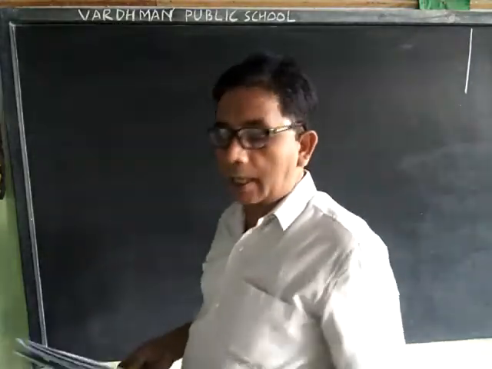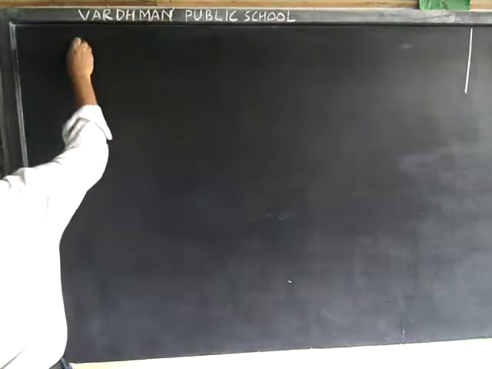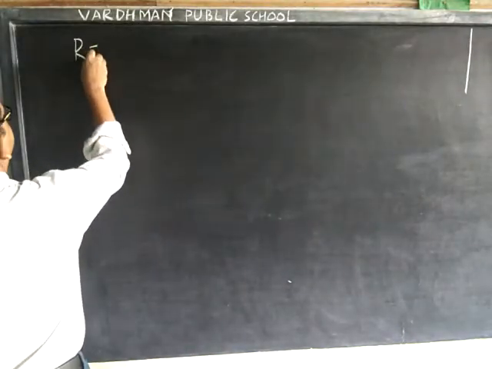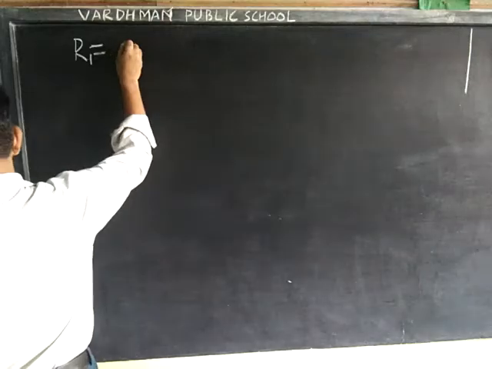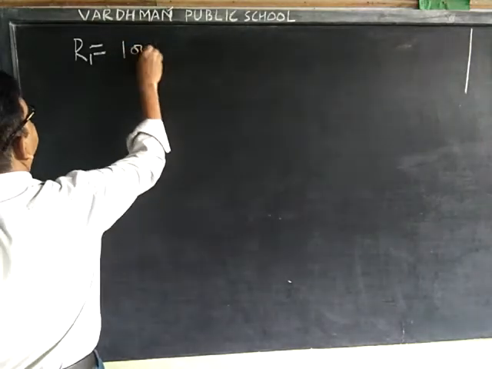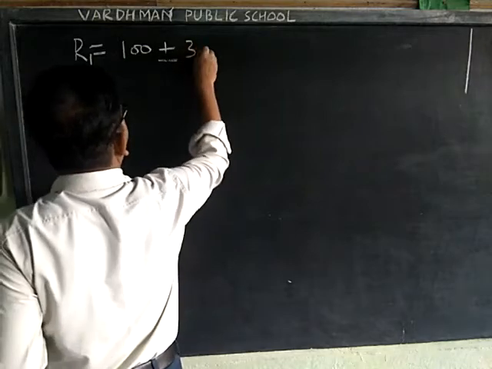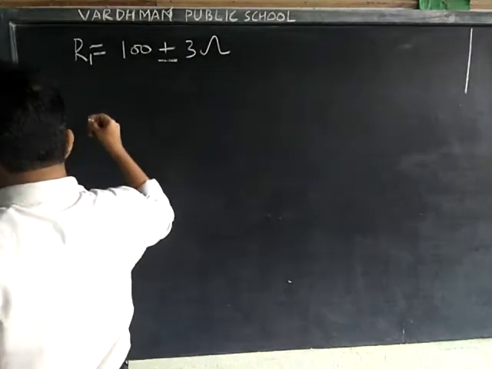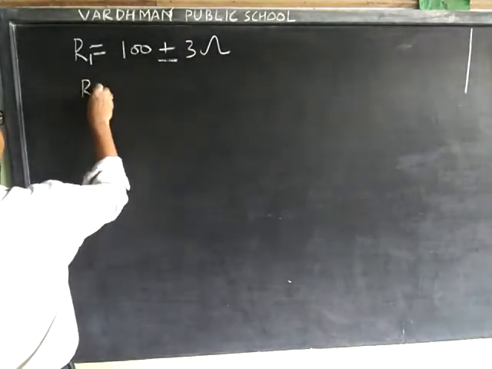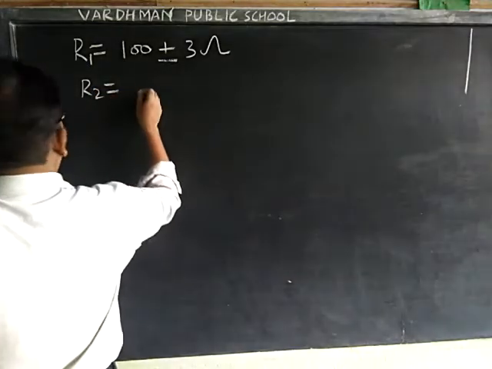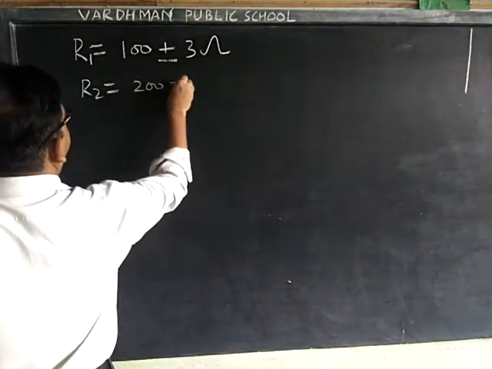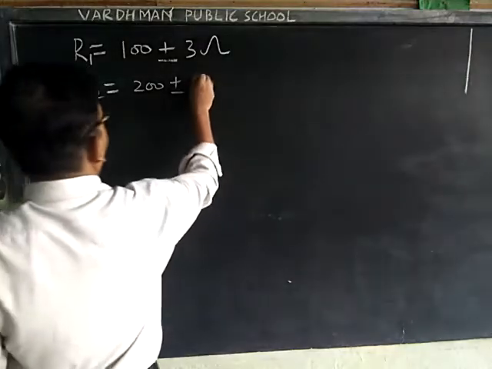Two resistances R1 is equal to 100 plus minus 3 ohm and R2 is equal to 200 plus minus 4 ohm.